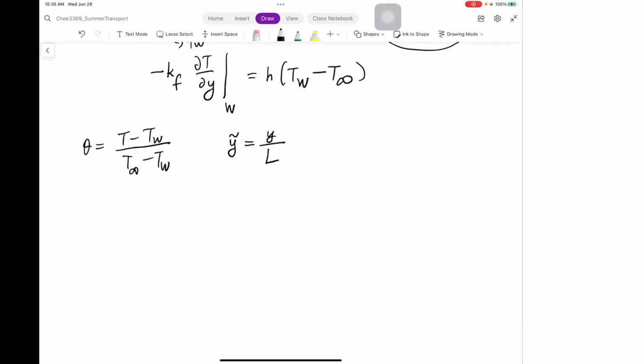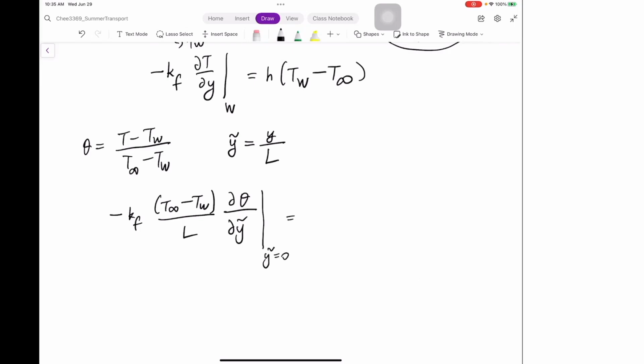If you replace T by theta times (T infinity minus T wall) plus T wall, you get minus kf times (T infinity minus T wall) del theta over del y tilde over L, since y is equal to L times y tilde, at the wall where y tilde is equal to 0, equal to h times (T wall minus T infinity).